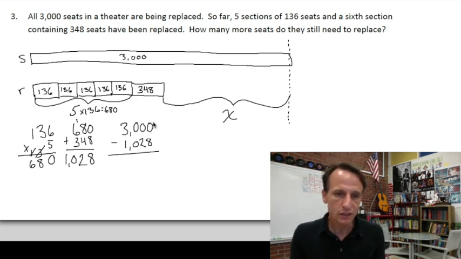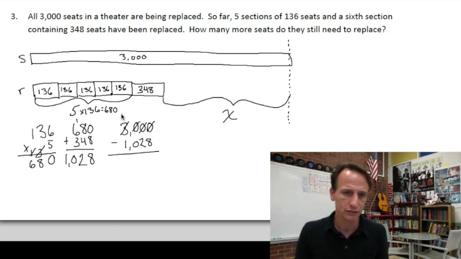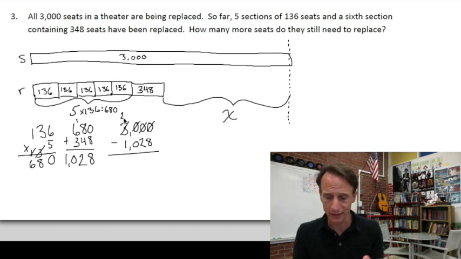Fine. All right, well, I can't take 8 from 0, and I'm going to be regrouping across zeros here. I hope you remember how to do this. I'll decompose the 3,000s, leaving 2,000s there. Okay, and we know what happens here, but I'll go step by step because it's been a while possibly since you've done this.